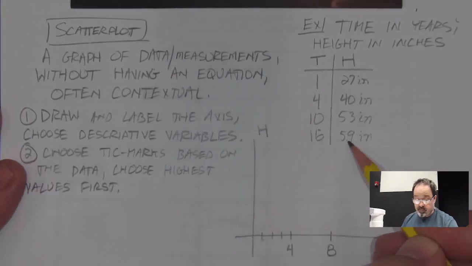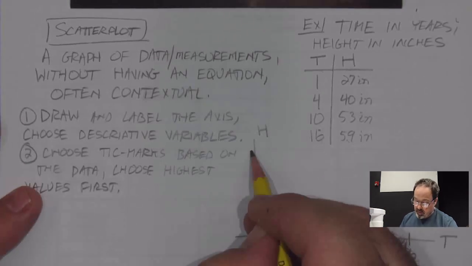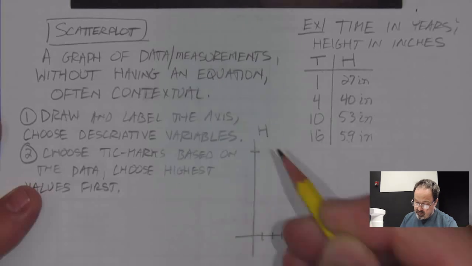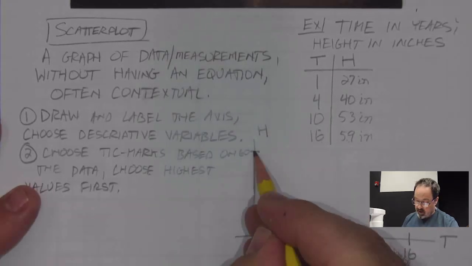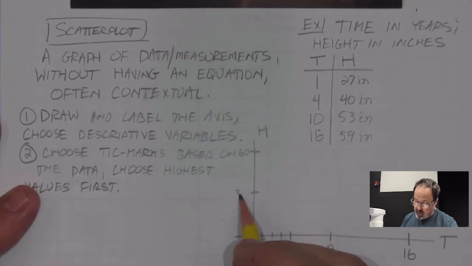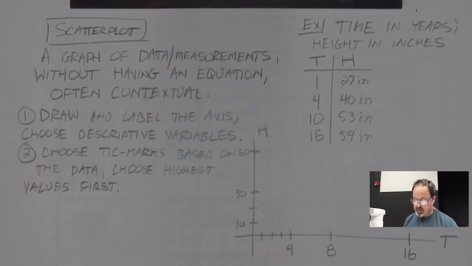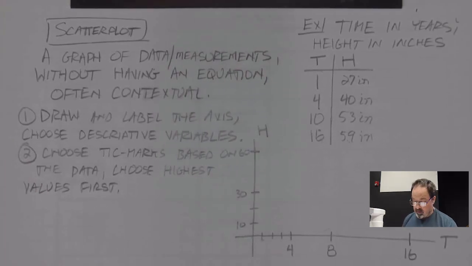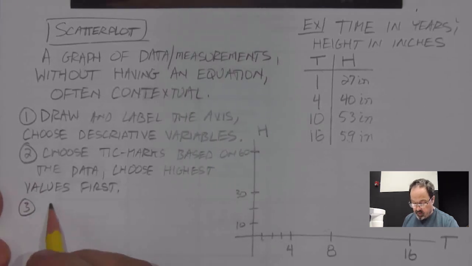My highest value is 59, but I'm going to round that up to 60 and put very high on the vertical axis for height a tick mark, and label that one 60. Halfway down to the origin is then half of 60 or 30, and I could put some tick marks in there. That's probably 10 and 20, and I could add more later. I've labeled my axes, and now I'm ready to plot.